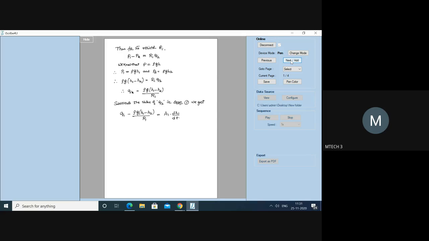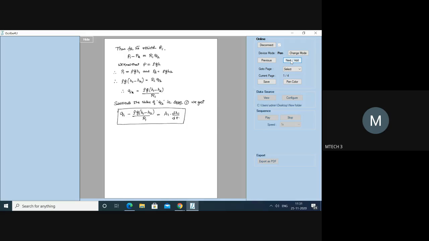Have you noted up till here? Yes, sir. Now below this you write, this equation describes how the height of the liquid.